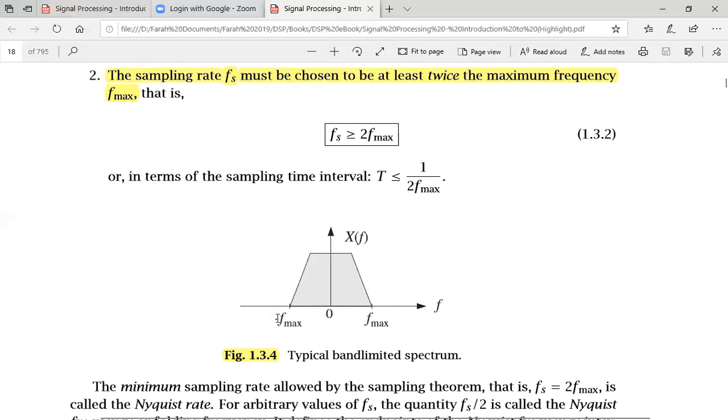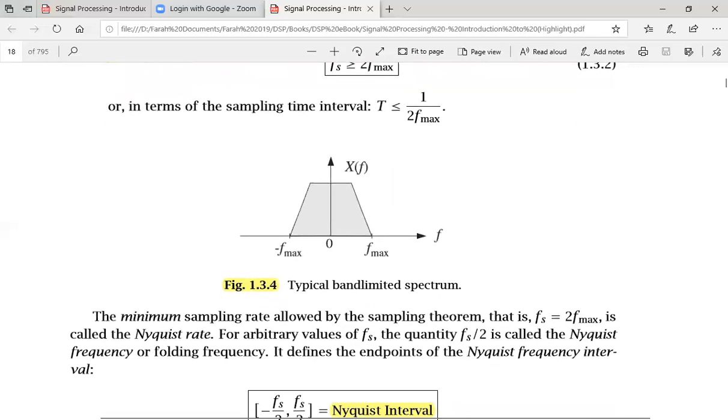Beyond f maximum and below minus f maximum, X of f is zero. This is called a band limited signal because the spectrum does not exist for infinite values of f; its value is zero beyond f maximum.